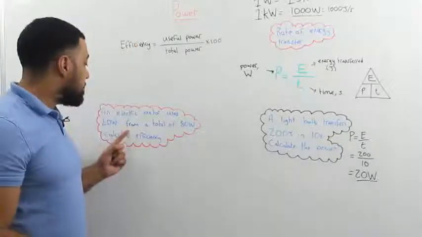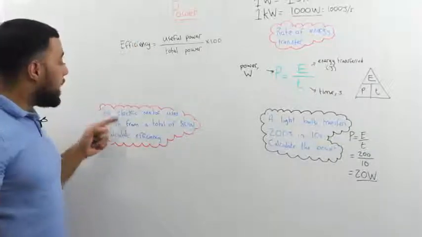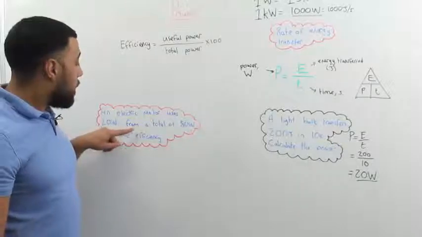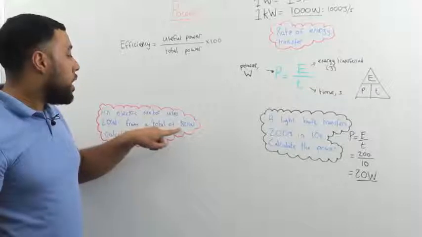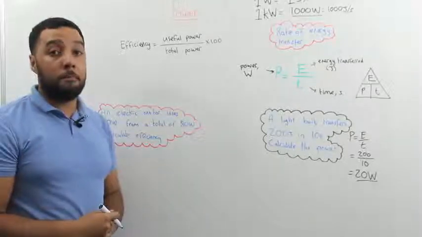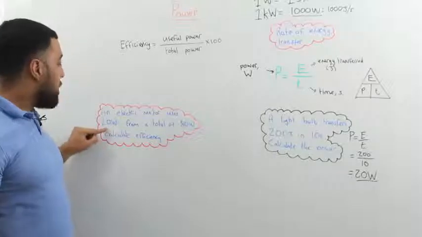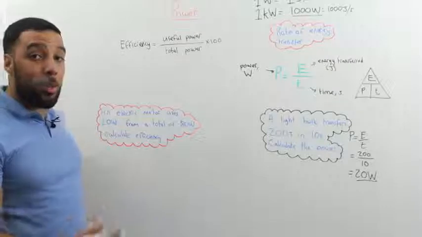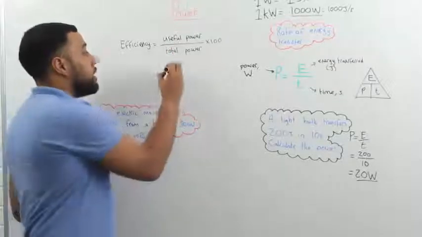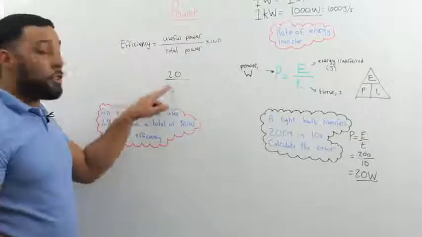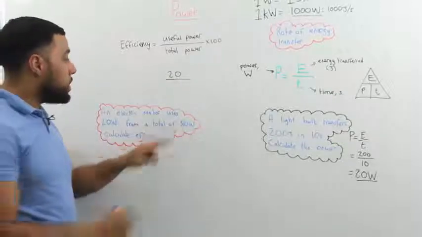Let's apply it to this question here, where it says an electric motor uses 20 watts of power from a total of 80 watts. Calculate the efficiency. Well, we can see here that this electric motor is using 20 watts usefully. So it will be 20 divided by the total power, which is 80.